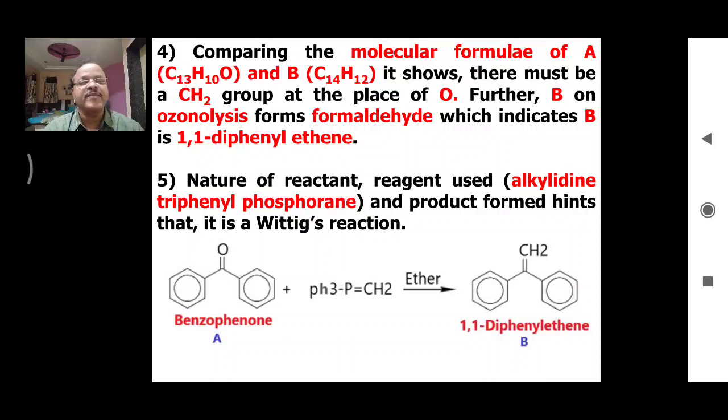Now let us compare the number of hydrogens. In compound A, 10 hydrogens are there. In compound B, 12 hydrogens are there.